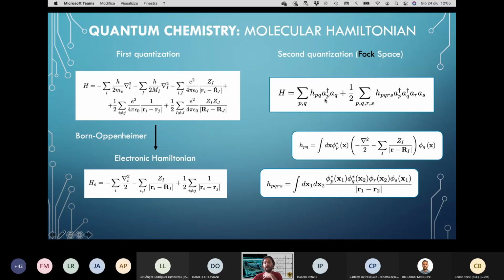Each of these operators, the dagger operator, can create an electron on an orbital p, and of course this one destroys an electron on an orbital q. So there is a complete equivalence between the electronic Hamiltonian and this formula, but this formula is more compact and can be seen, as I said before, as a kind of cost function, just for people who are not in this field.